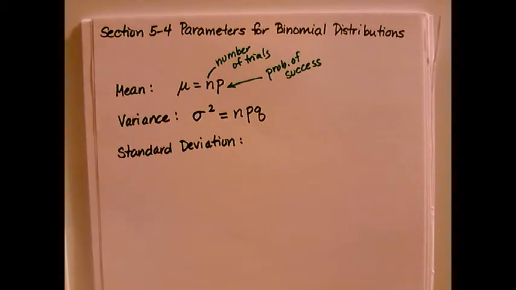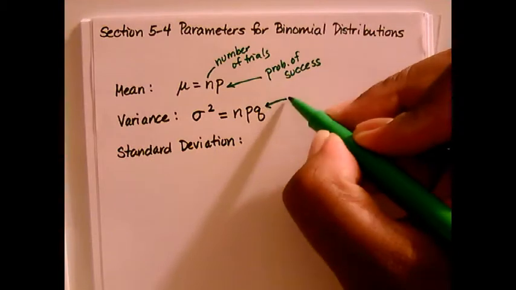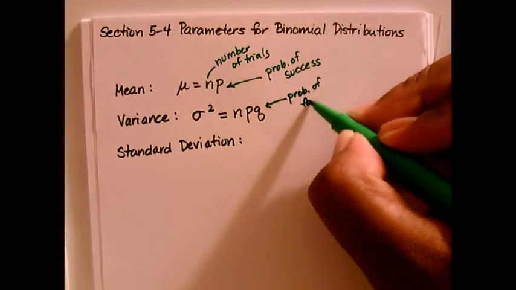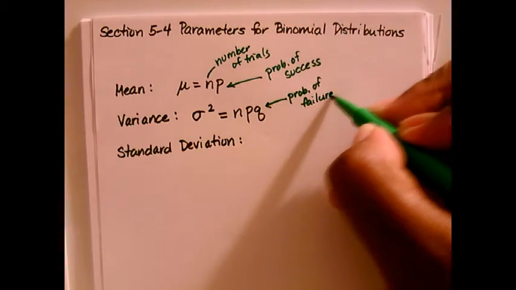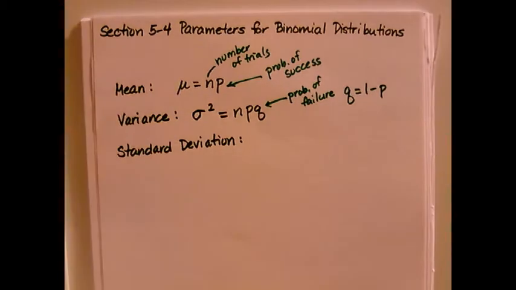Again, n is the number of trials, p is your probability of success. If you recall, q is the probability of failure, and do keep in mind that q is always equal to 1 minus p. So if you know what p is, then you can easily find out what q is. It's simply 1 minus p.